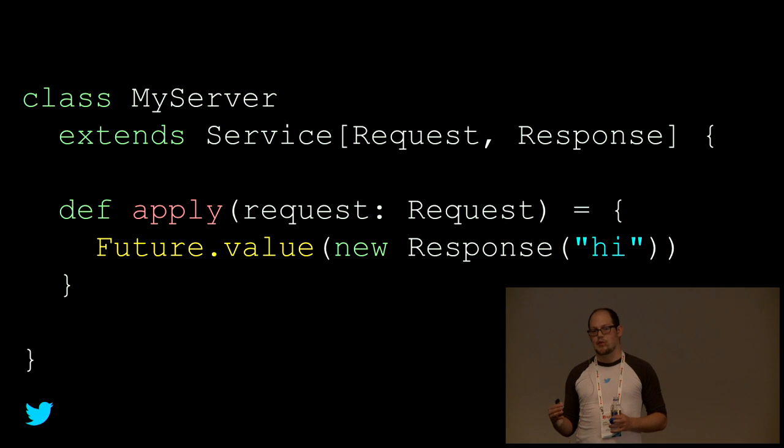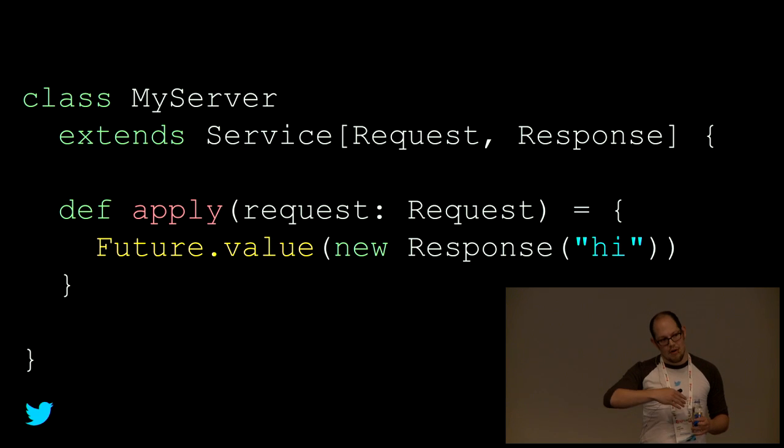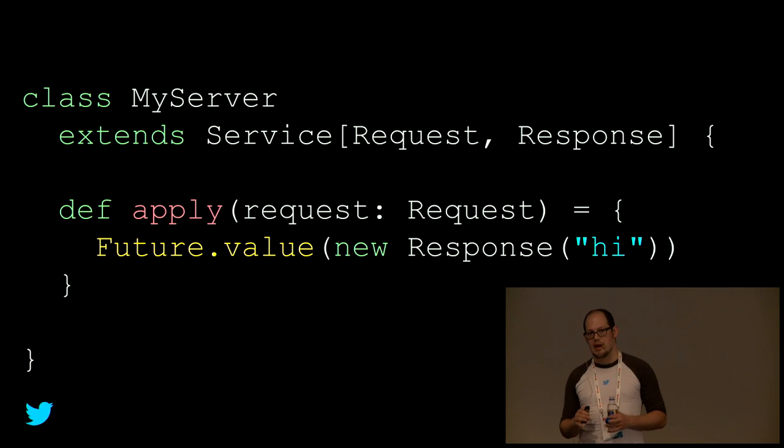Future value is how you return a value immediately wrapped in a future. Normally this could be making a backend call, which itself will return a future, and you could just return that from the apply. You'll see this in a more concrete example later, and it'll make a little more sense.